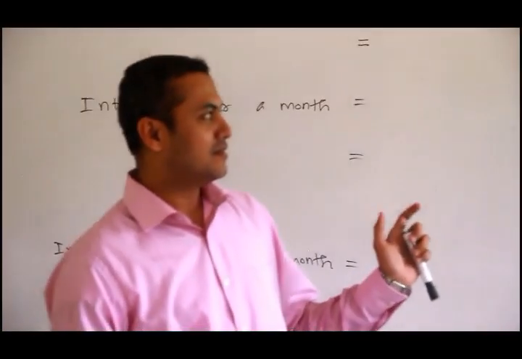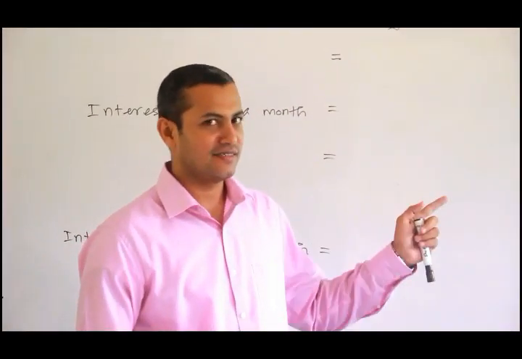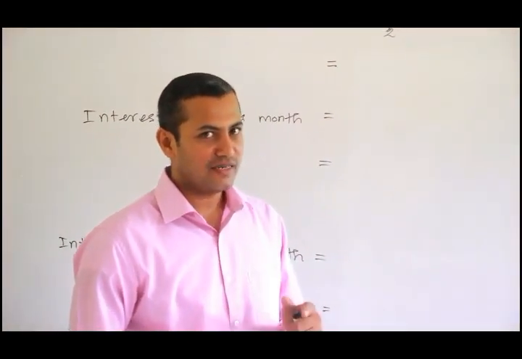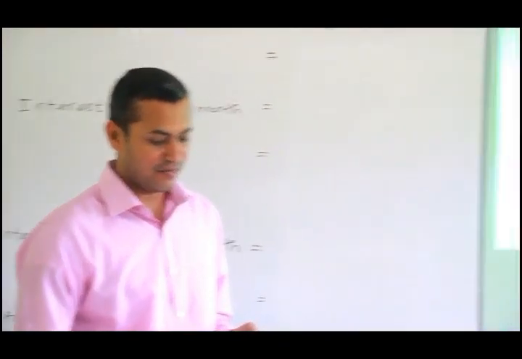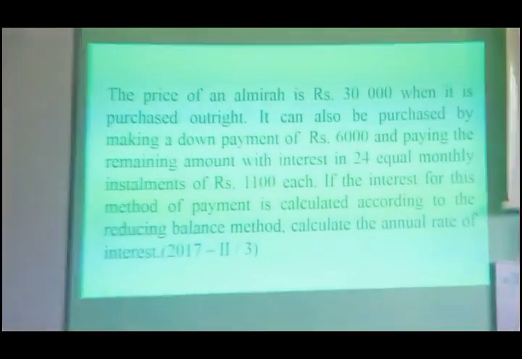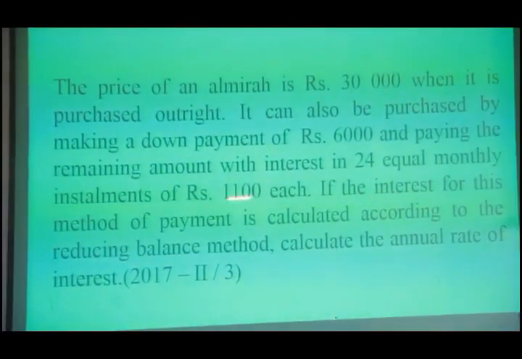Now, in this question, the value of an installment is not the same. They are different. Did you notice it? In the previous questions, there was a technical term I told you: equal monthly installments.